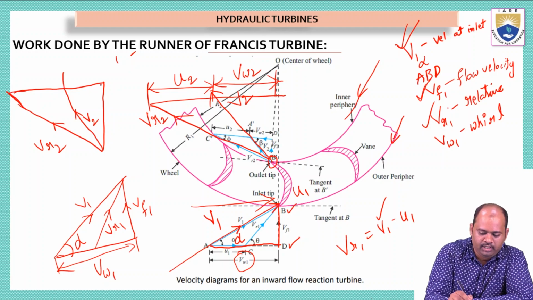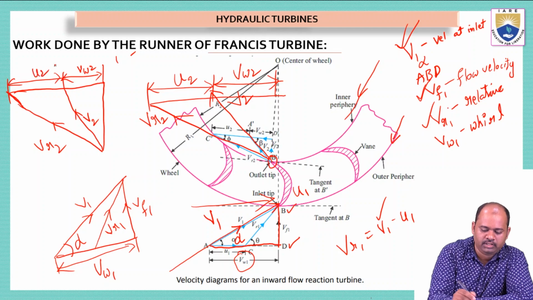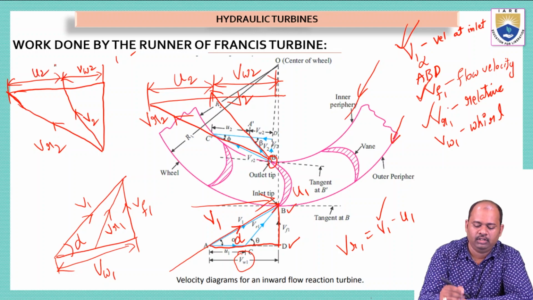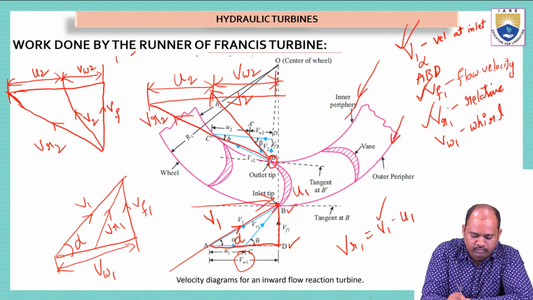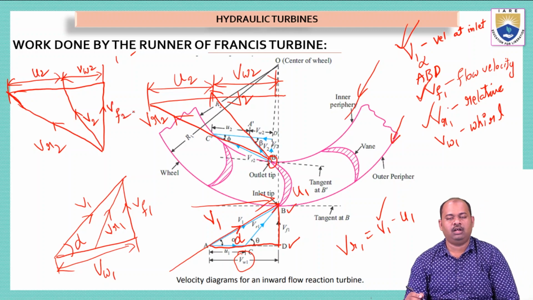From here this part is called vw2, and the remaining part is u2, the velocity of the vane at outlet, and this part is vf2, the flow velocity at the outlet.